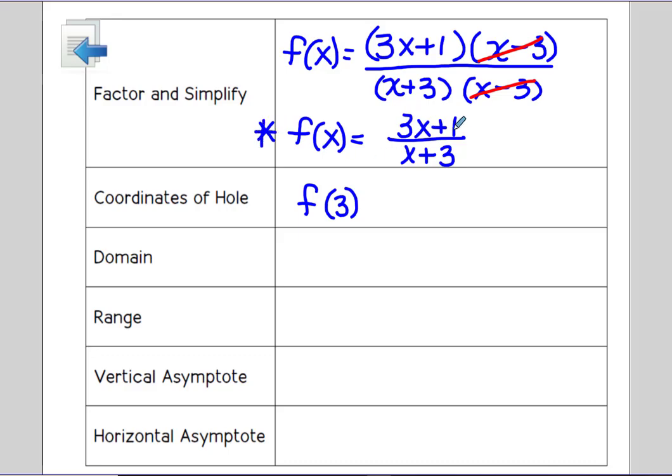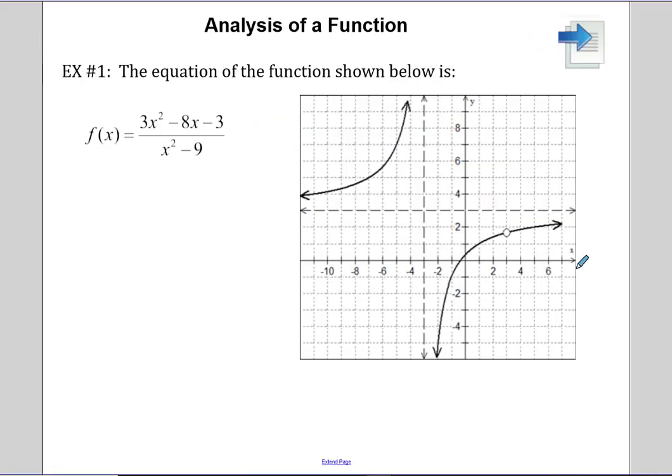So 3 times 3 plus 1 gives us 10 in the numerator, and 3 plus 3 in the denominator is 6. So we have a hole in the graph at 3 and 10/6, and we could reduce 10/6 if we divide by 2 to be 5/3. Looking back at the graph, you can see this is where my hole occurs, at 3 and 5/3.